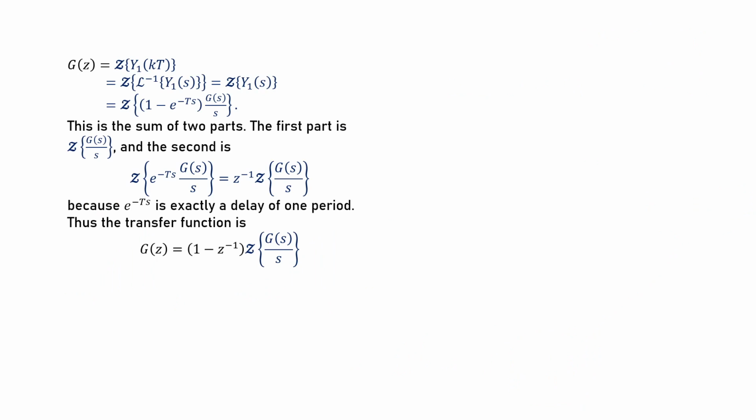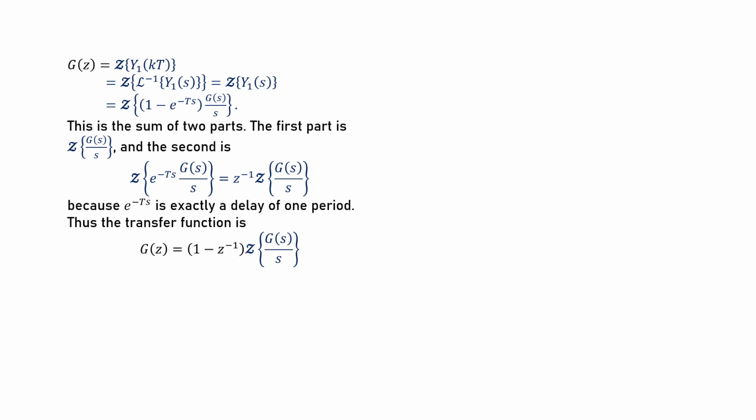So next, let's find the Z transform of the output. Z transform of the output in terms of sample time kT, right? In discrete time kT. Actually, y1, the discrete time output, is just the same as the continuous time, but we evaluate it at particular sample times, right?